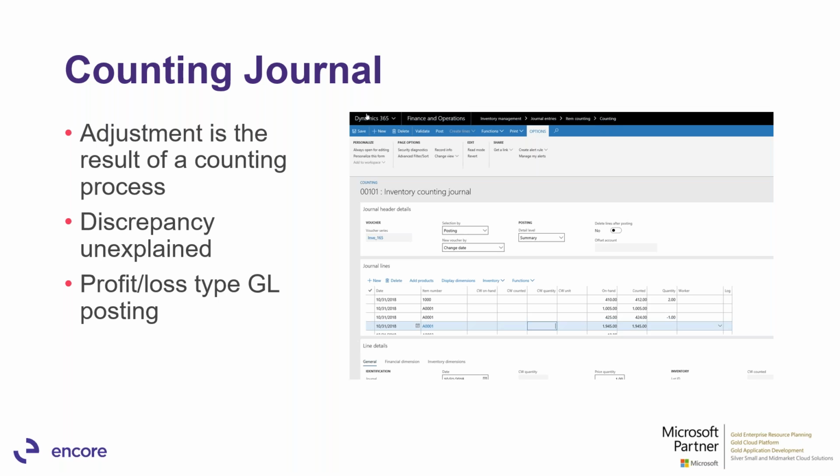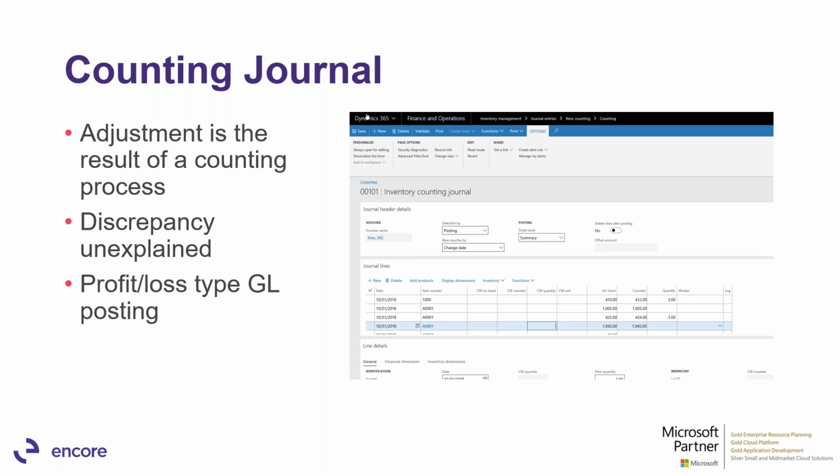The important thing to remember is that the GL posting is going to go against a profit loss type GL offset account. And that's what is going to be considered. It is going to be a profit or a loss type of adjustment.